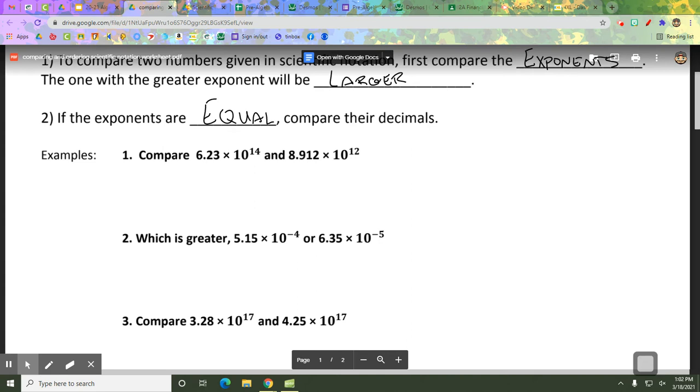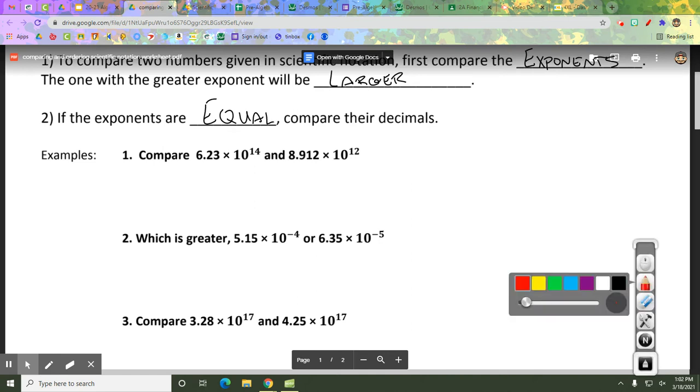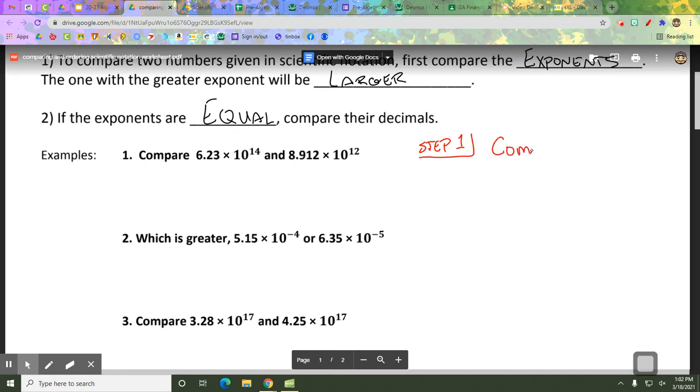So the first one, we're going to compare 6.23 times 10 to the 14 and 8.92 times 10 to the 12. All right. First thing we're going to do, so we'll just put step 1. We're going to compare exponents.